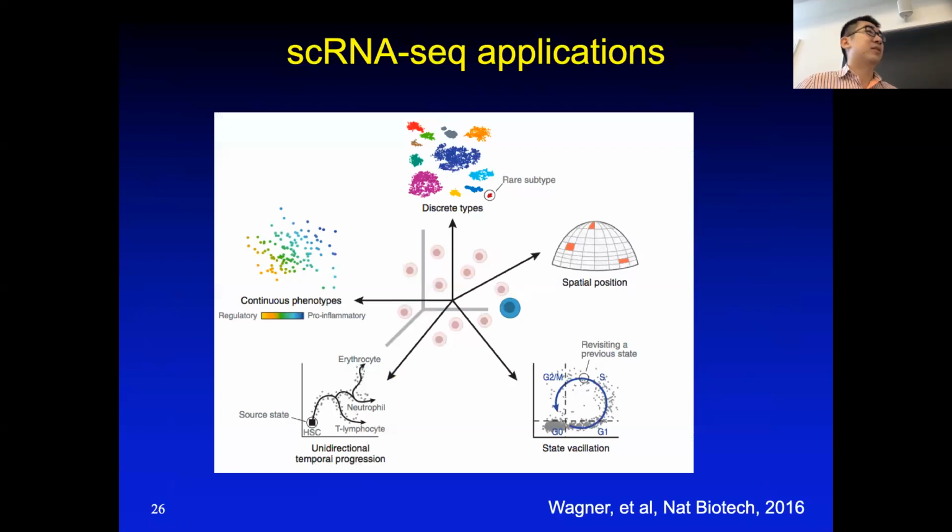You combine them with the single-cell gene expression data, so you will know the spatial distribution of the genes and also of the cells. Like this analysis performed in the zebrafish embryo, which is usually a ball, you can see the distribution of these cells. This is very useful for developmental studies, and also for immune-related and cancer-related studies, to know the positions of the immune cells and the cancer cells.